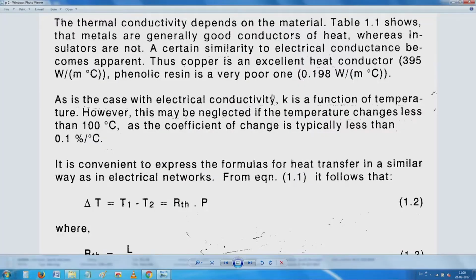In case there is already some deterioration of the material, it fails automatically, which is a little related to this K. The thermal conductivity is also a function of temperature, but however, it is very low, because typically it is less than 0.1% per degree centigrade. So, we are saved on those things.